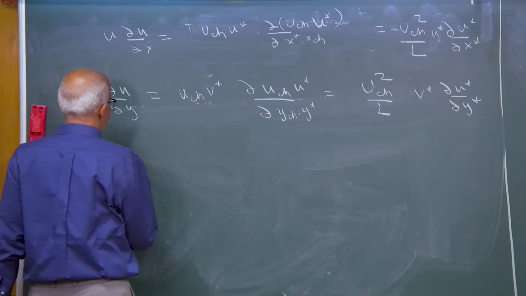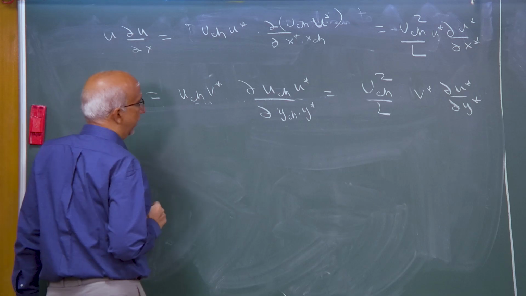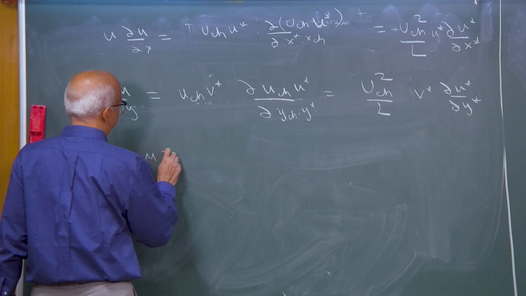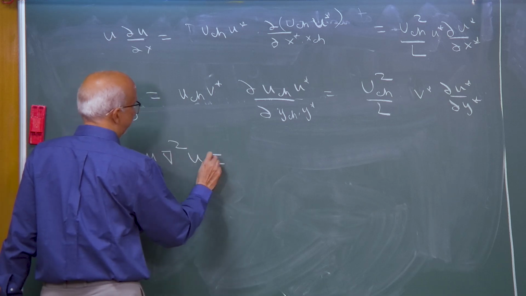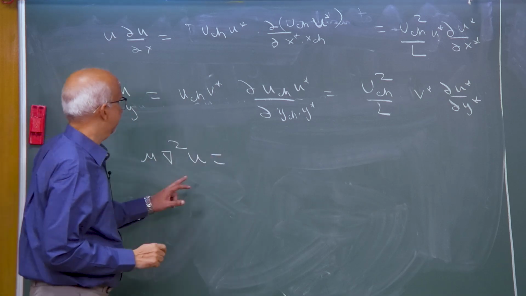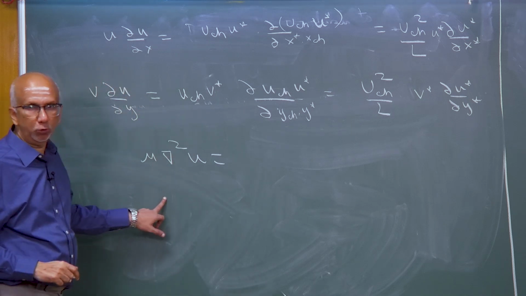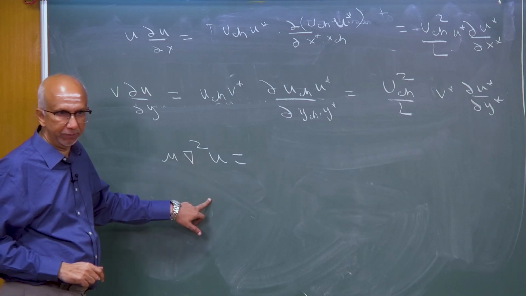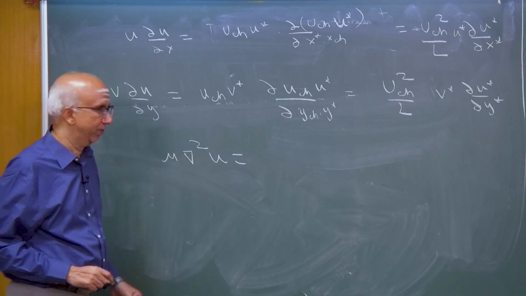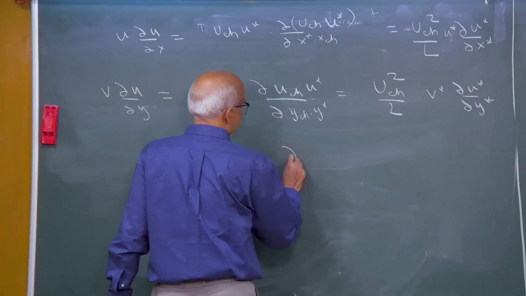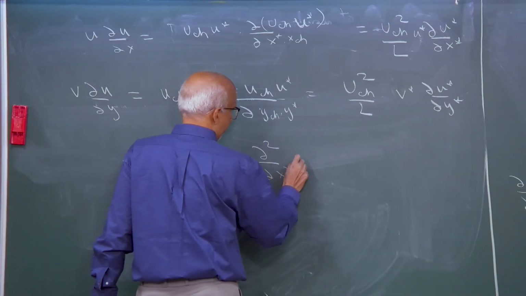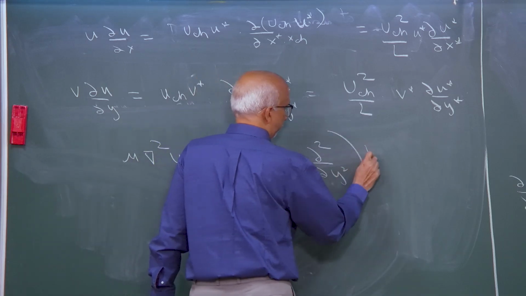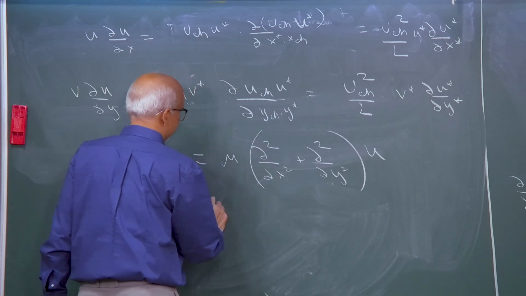And then I have the other term, which is mu del square u. This will have d square by dx squared, d square by dy squared, and x and y have the same length scales, okay. So, I am going to write this in terms of star variables.